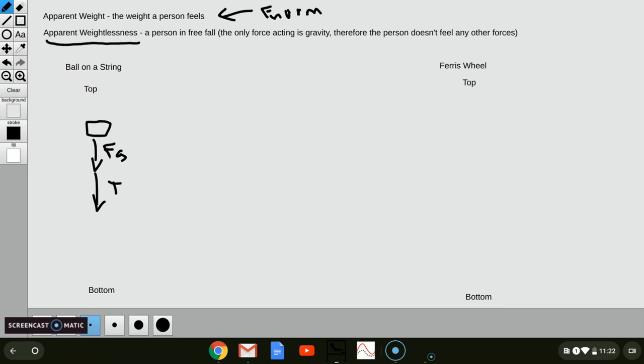But if we're at apparent weightlessness, that means the only force acting is gravity, meaning that the tension is zero. So there is no tension in that string. We don't feel it, therefore we feel weightless at this point.